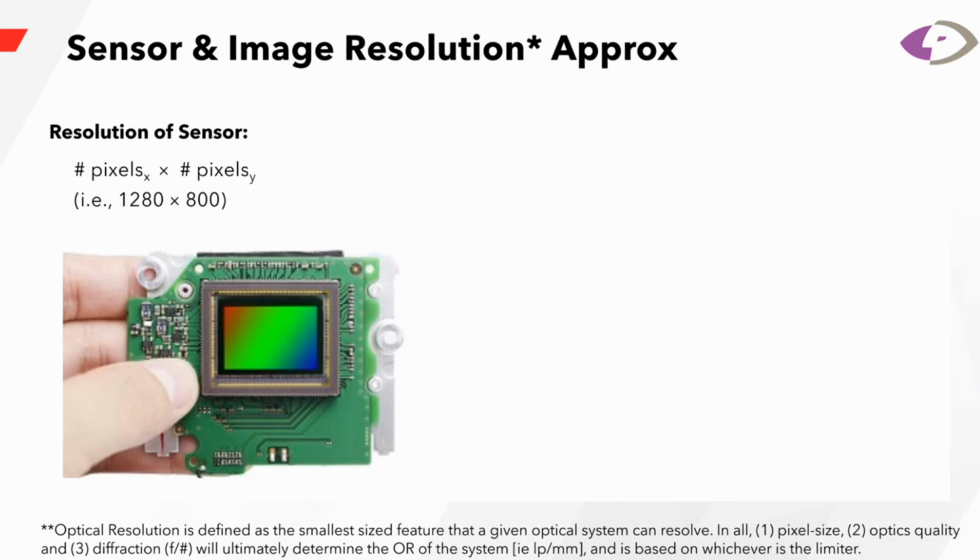Outside of optical components and their contributions, there are two that we really should consider: the sensor itself and then the resultant image. The resolution of the sensor is very easy to determine. It is the number of pixels in the X direction multiplied by the number of pixels in the Y direction.